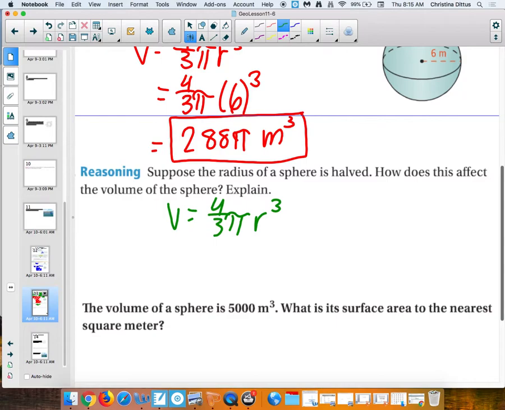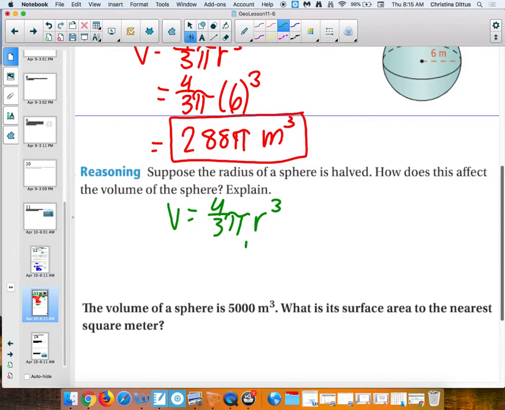So if my radius is halved, if I follow my order of operations, what do I do to my radius? I cube it.